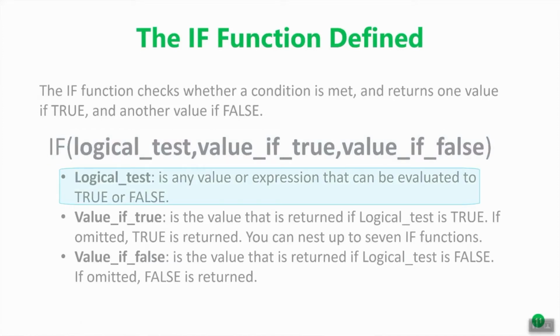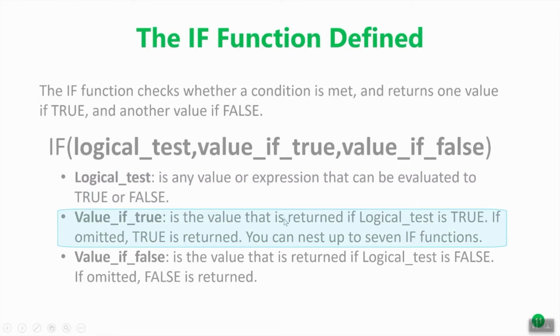So does cell B2 equal 200? If the value is true, then perhaps we display the word yes in a cell to the right of B2. And if it is false, then we say no to the right of B2.